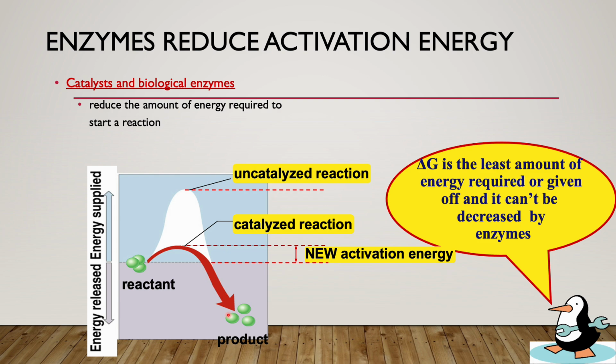My change in Gibbs free energy is the least amount of energy required or given off, and it can't be decreased by enzymes. So my Gibbs energy is still the difference between my reactants and my products. This is what's representing my change in the energy here.